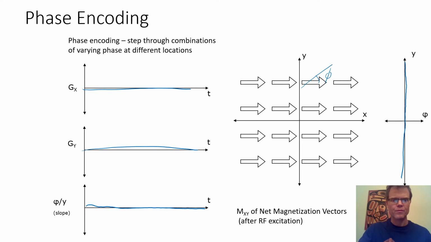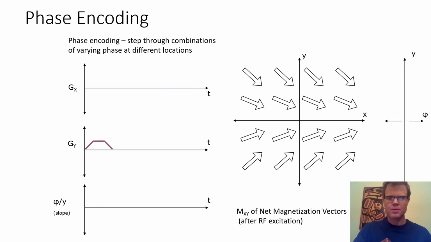But phase encoding is adding a small gradient, so we're turning the gradient coil on and then off, which creates a net rotation. It creates some phase angle as a function of position here.